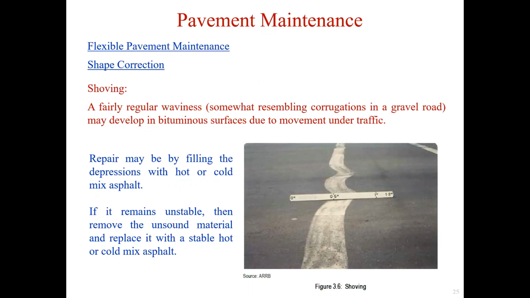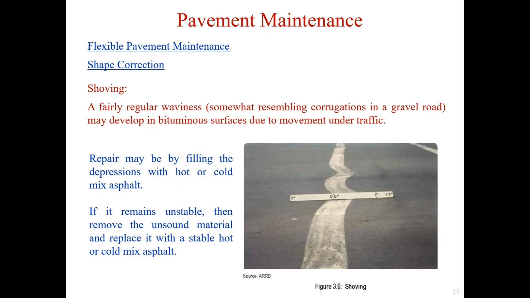As a result of bituminous surface movement, shoving may occur, which is a fairly regular waviness. Bulging of the road surface may also develop parallel to the direction of traffic and often at the edge of the pavement.